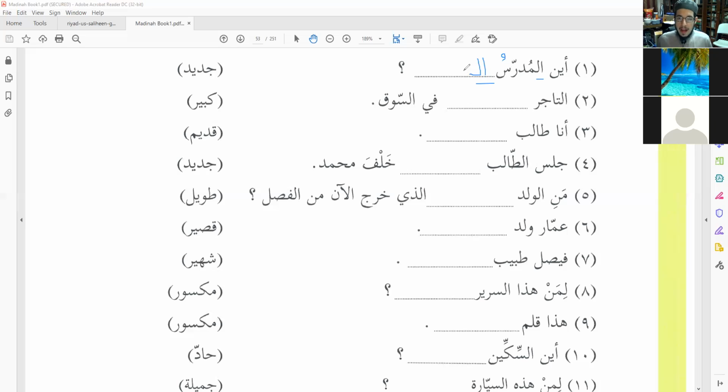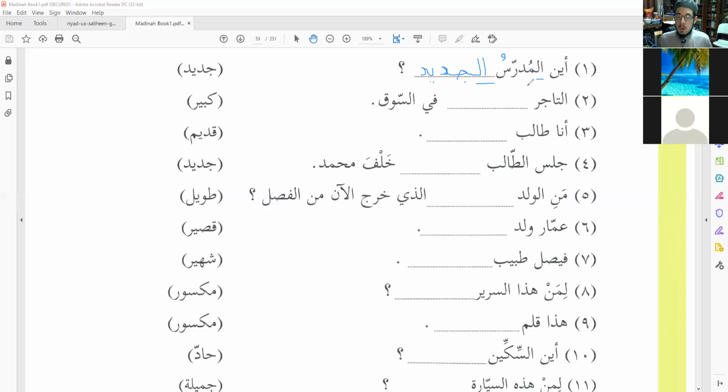Al-mudarrisu. The second thing is al-mudarrisu is singular, so jadid has to be singular. We haven't learned the plural forms of jadid or any other sort of thing, so no worries there. The third thing is that al-jadid has to be masculine because al-mudarrisu is masculine.